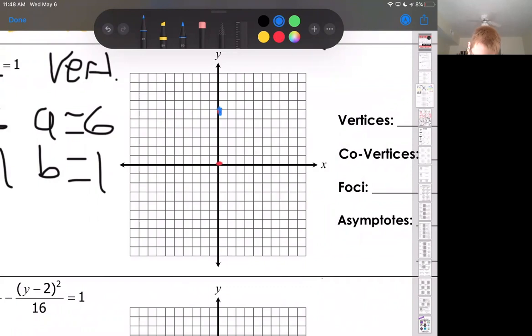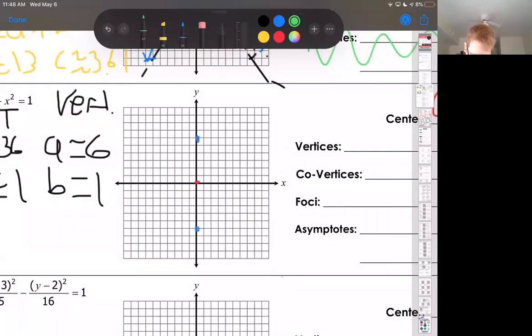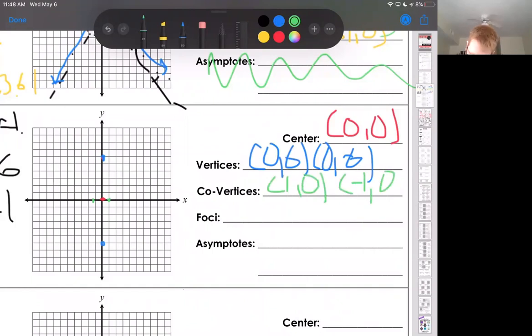So down 6. And then we're going to get our co-vertices, which I'll do in green. Since our b is 1, we're just going to go 1 to the right and 1 to the left. So if we want to write our coordinates, our vertices are at 0, 6 and 0, negative 6. Our co-vertices are at 1, 0 and negative 1, 0.